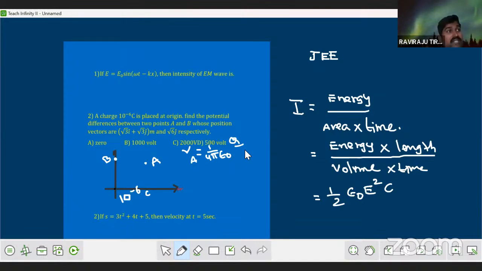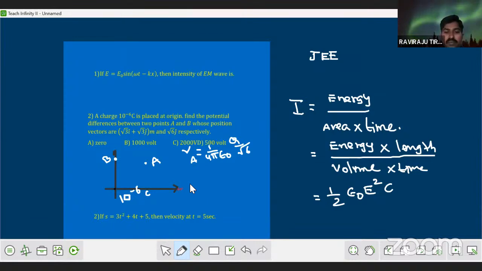Some position vector is given. The point charge is at the origin. What is the distance from the origin to point A? From 0, 0 to root 3 i cap plus root 3 j cap, the distance is asked. That is root over x square plus y square, that is root over 3 plus 3, root 6. So that is root 6.